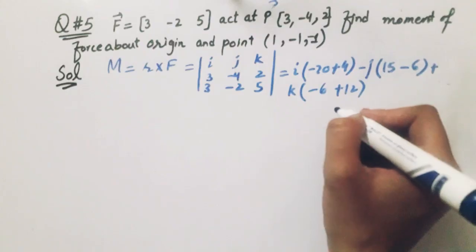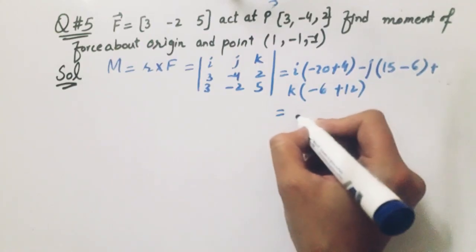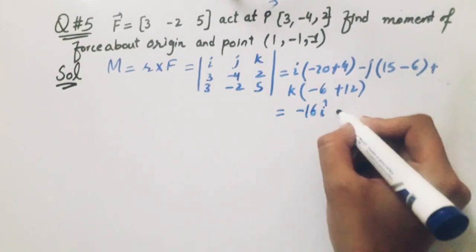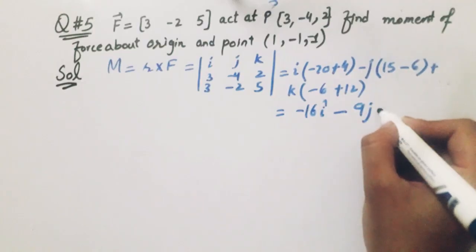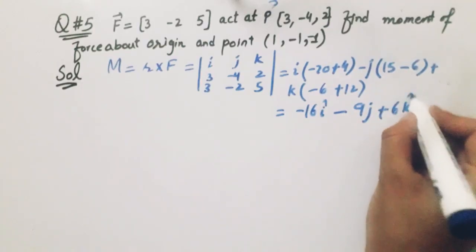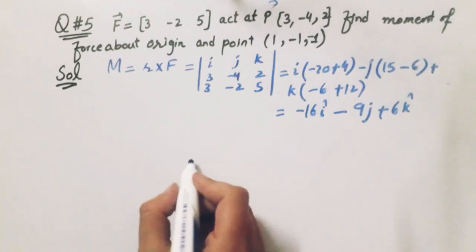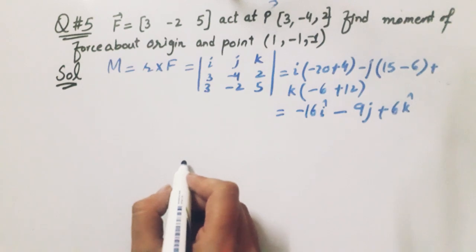Now the value of this is equal to minus 16i minus 9j plus 6k. So this is the moment about origin. Now you will find the value of this at point 1, minus 1 and 1.